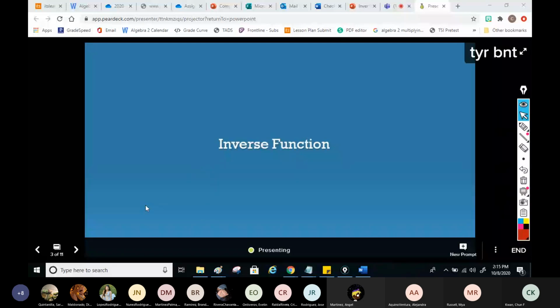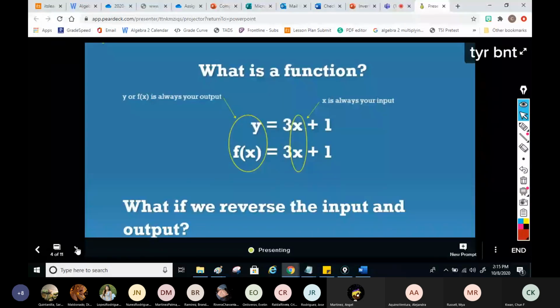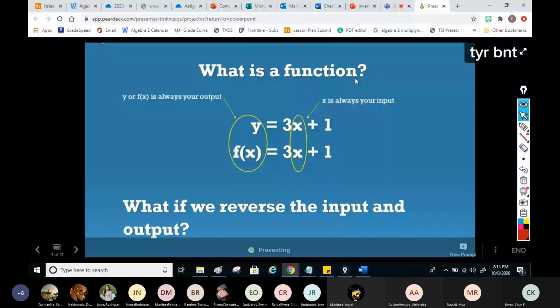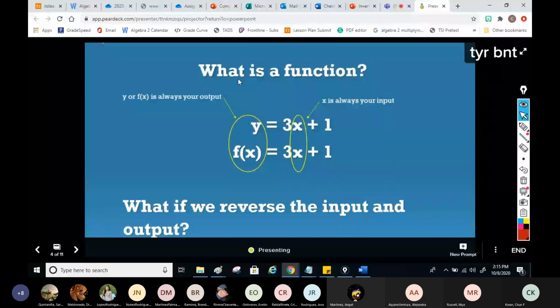Before we talk about inverse function, let's talk about function again. I need you guys to understand what a function is. We briefly talked about what a function is earlier this school year, so let me refresh your memory. A function is one of these mathematical equations where you always have an input, which is your x, and an output, which is your y.